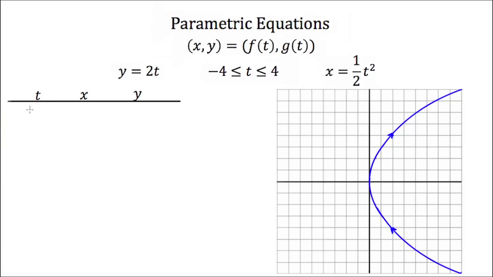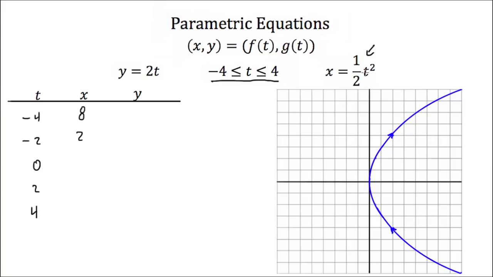I'm going to plug in values for t, like -4, -2, 0, 2, and 4. All these values are between -4 and 4. If I were to plug in -4 for t into my x equation, I would have -4 squared, which is 16, and then multiply that by 1/2 and I would get 8. If I plugged in -2 for t, I would have -2 squared, which is 4, multiply that by 1/2 and I would get 2.